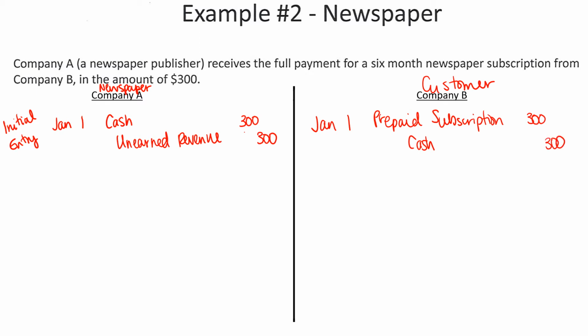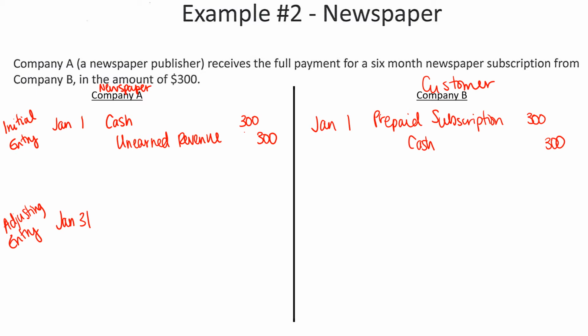So then at the end of the first month of this subscription, Company A, the newspaper, they enter an adjusting entry. It's the end of the month, January 31st. And they have now fulfilled 1 month of their obligation for the subscription. So they've now earned 1 month of revenue. So in order to record that revenue, that's a credit to revenue.